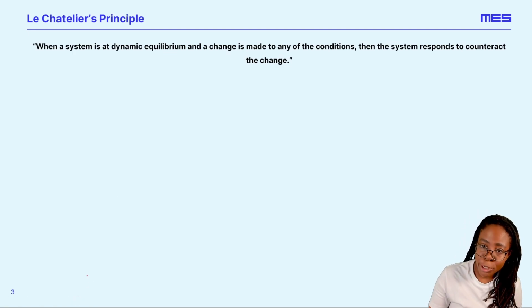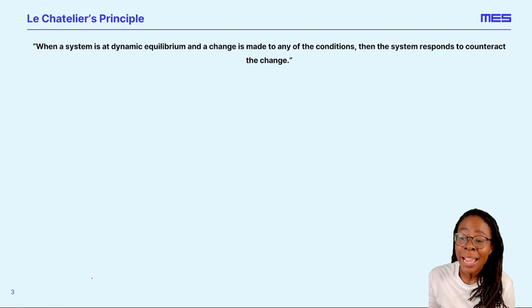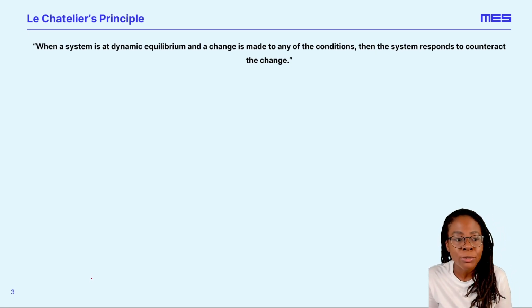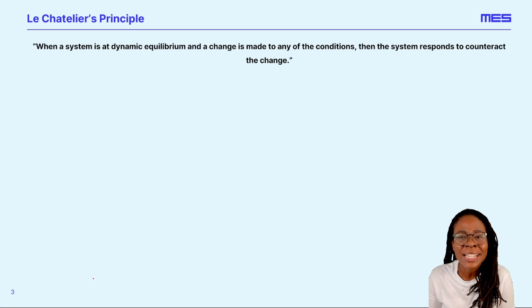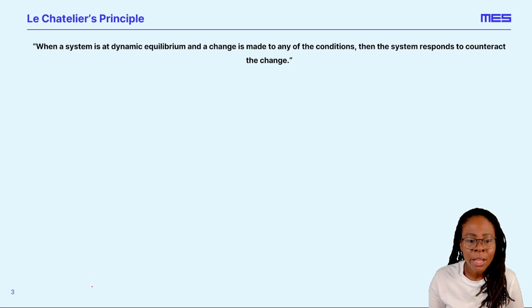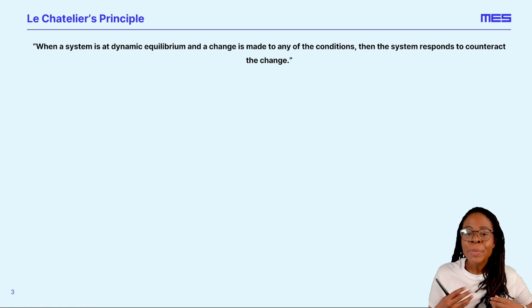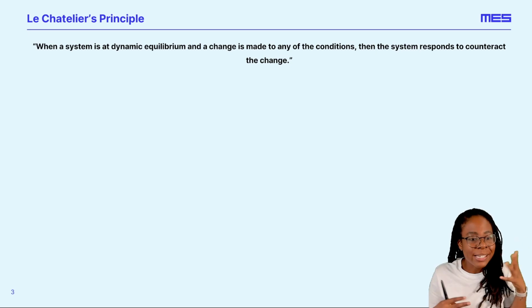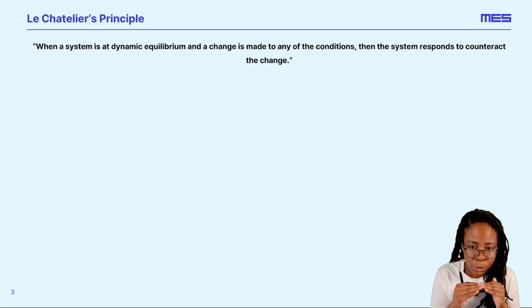So Le Chatelier's principle essentially tells us that when a system is at dynamic equilibrium and a change is made to any of the conditions, then the system responds to counteract that change. Now, even though this is chemistry, I like to think of this like homeostasis in biology because I think it makes it a lot easier to grasp. If your blood glucose levels get too high, then the various systems will move to bring that glucose level back to where it was before.